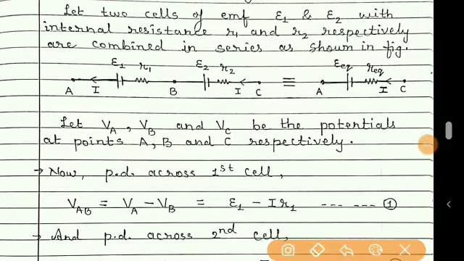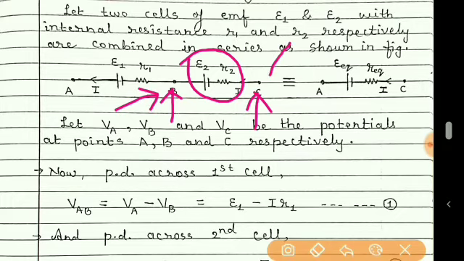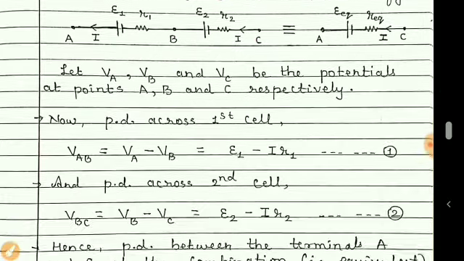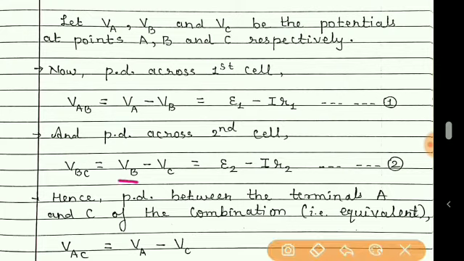Similarly, for the second cell, it is across points B and C. So potential at point B is VB and potential at point C is VC. Higher potential minus lower potential can be written as VBC.